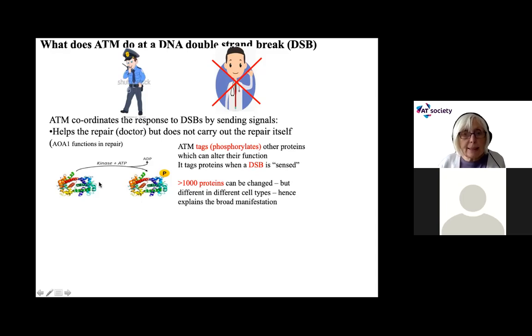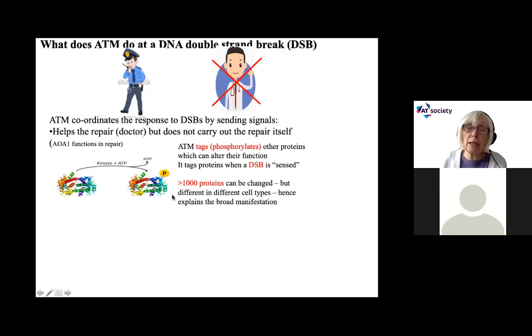But it only does this to certain proteins, and those proteins have to have another tag that ATM recognizes. And it only does this when a double-strand break is present.